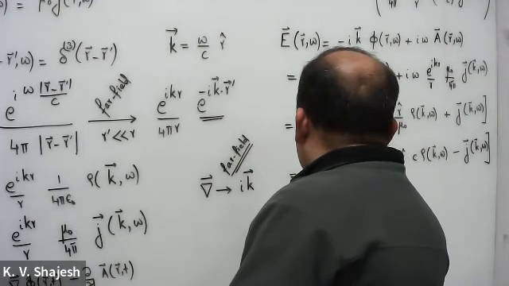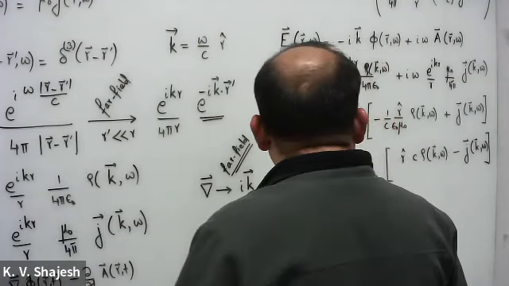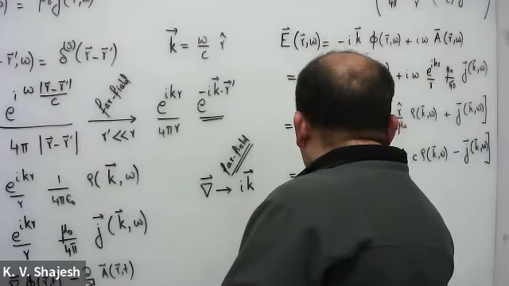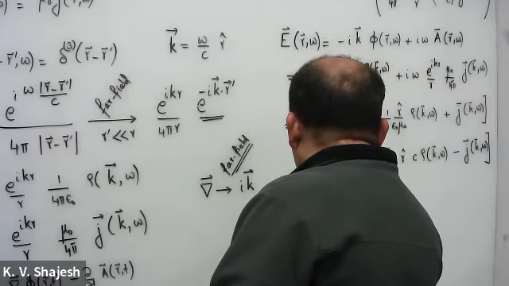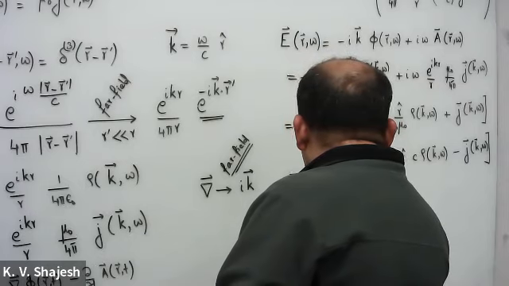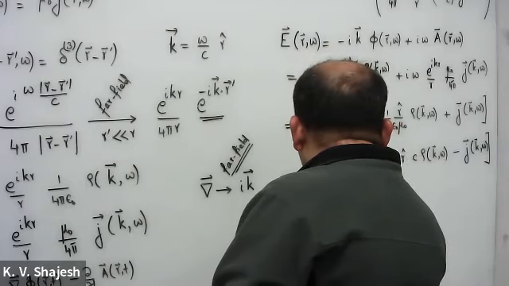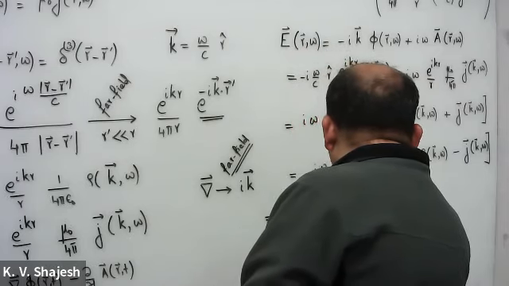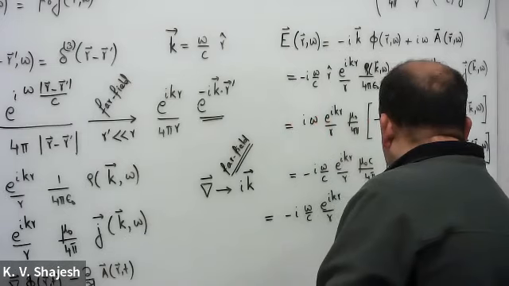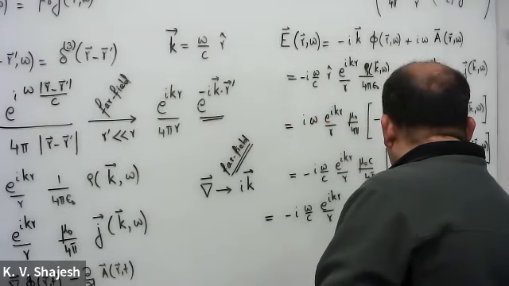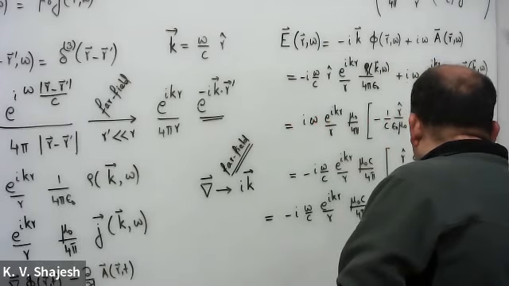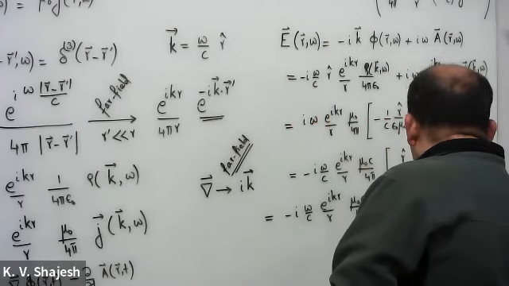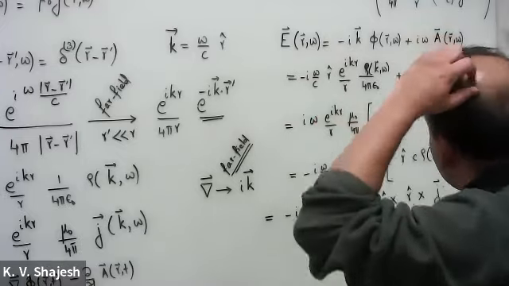So the electric field is equal to minus i omega over c e raised to ikr, mu naught c over 4 pi times r hat crossed with r hat crossed with j of k omega.